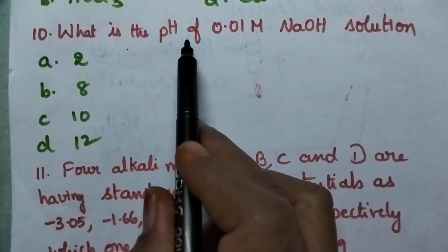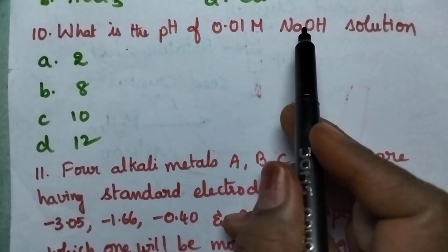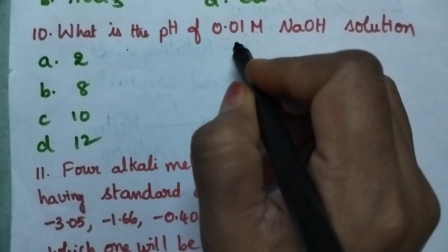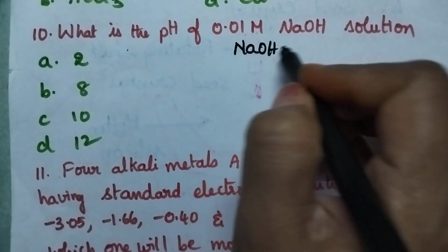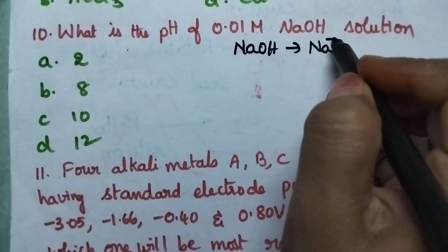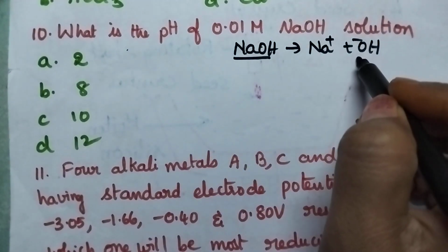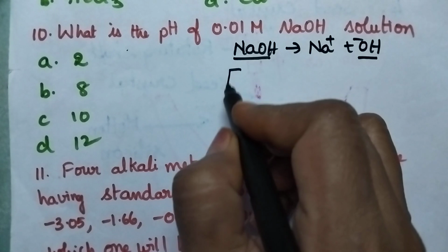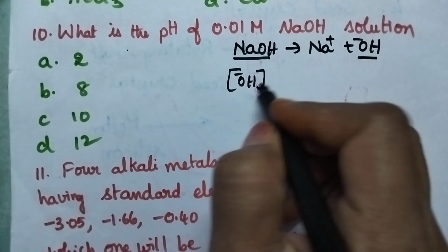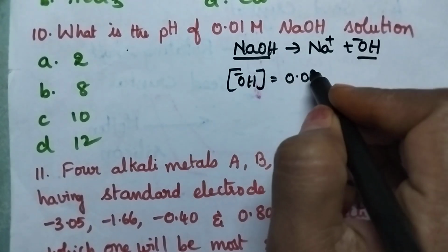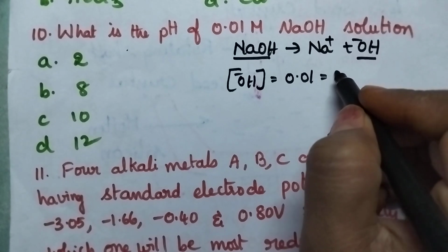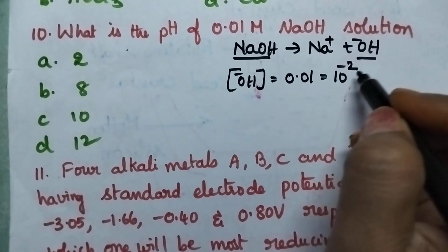What is the pH of 0.01 molar NaOH solution? So NaOH is a strong electrolyte. It dissociates into Na plus and OH minus. So the concentration of NaOH is equal to the concentration of OH minus ions. So OH minus ion concentration is equal to 0.01, that is equal to 10 power minus 2.